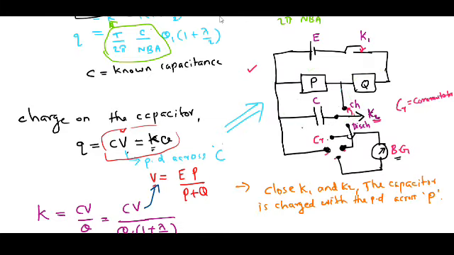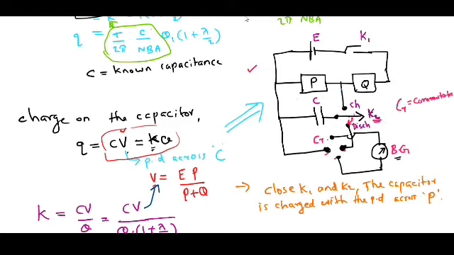Once the capacitor is fully charged, we have to open the key K1. Key K1 is now opened and K2 is connected to the discharge knob.